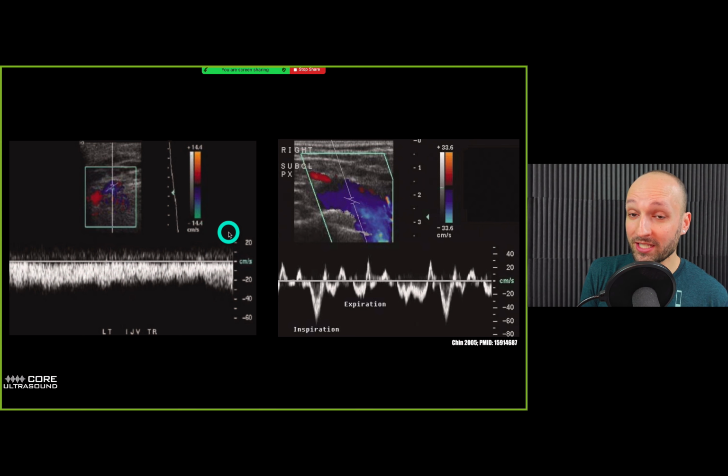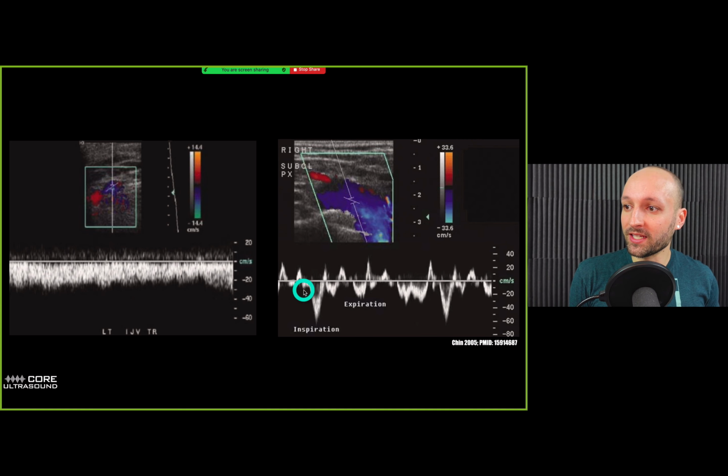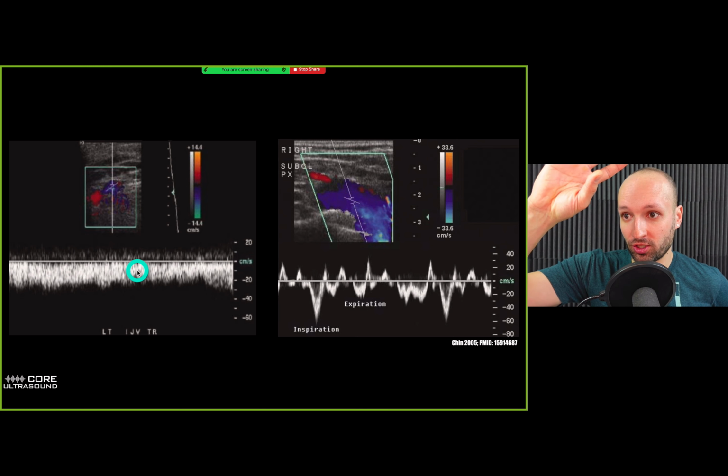Let's assume for all intents and purposes, this is the same vein on opposite sides, or the same vein in two different patients. This is a normal venous waveform, meaning there's no obstruction. And this is an abnormal central vein waveform. I'm not getting any of the pressure differences from the heart transmitted back into those central veins.